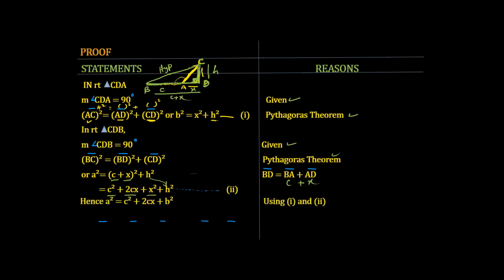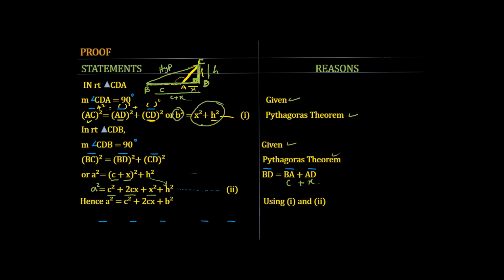By using these two equations, what we will get? A square is equal to C square plus, how? This is A square, right? On the left side is A square. If you substitute B square, A square is equal to C square plus 2CX. Look, this is equal to B square.